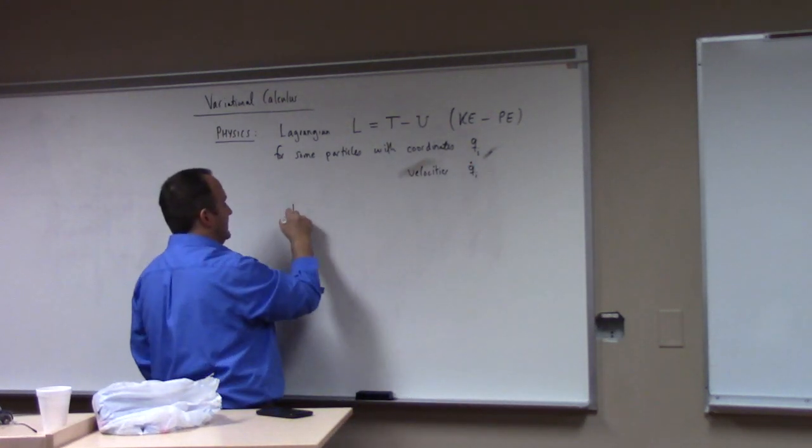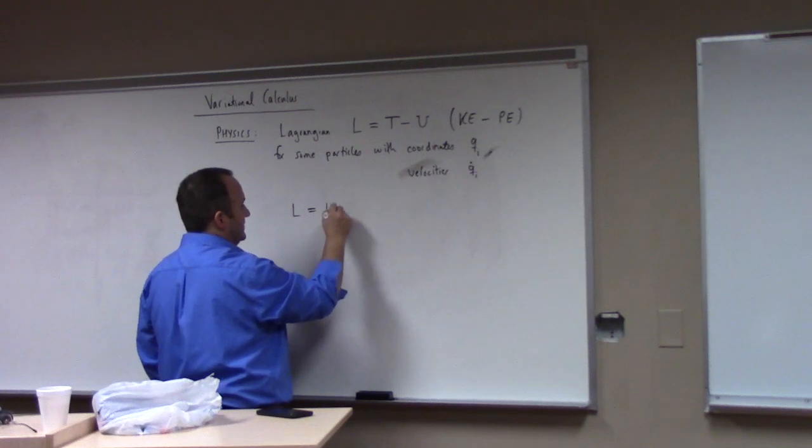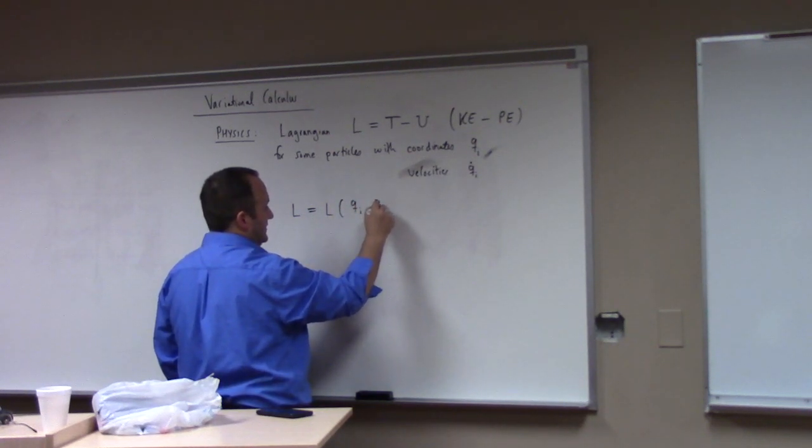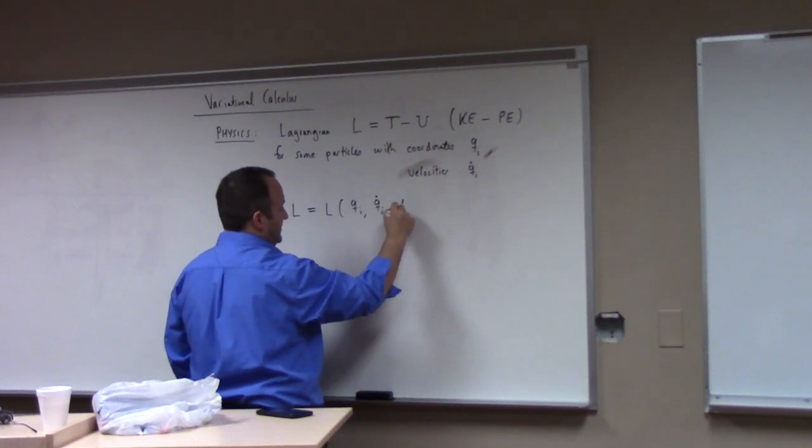So your Lagrangian is a function of your coordinates, your velocities, and possibly time.